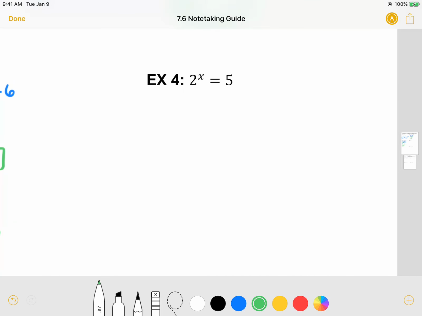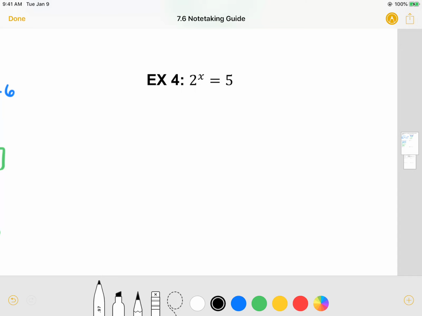Let's look at 4 here. Okay, so some of the exponential equations that you solve, you won't be able to easily rewrite them so that they have equal bases. So this is where the logarithms come into play.